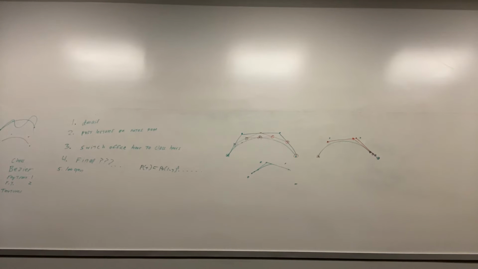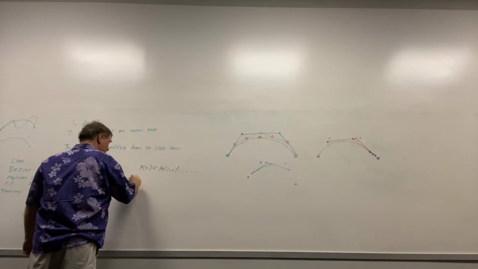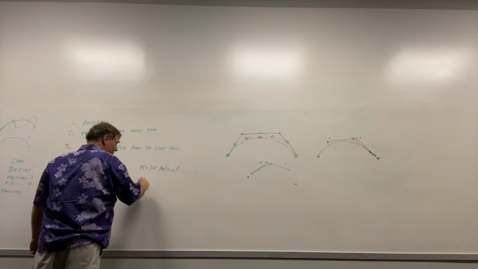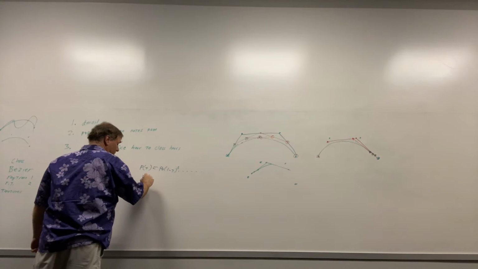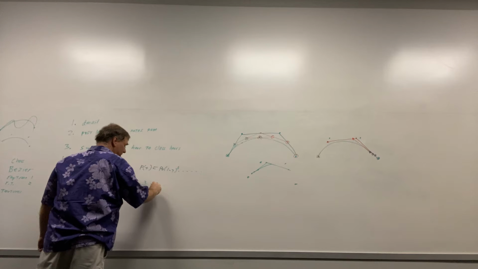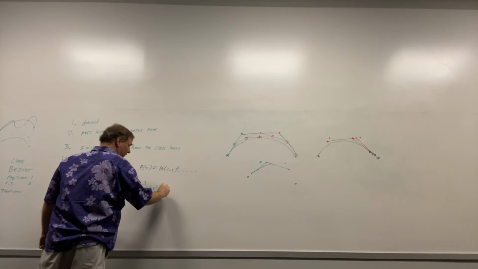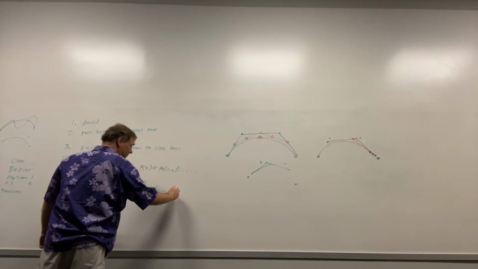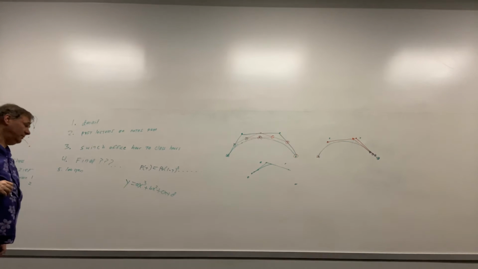Derivatives. You all know how to take the derivative of a regular y equals x cubed kind of function, ax cubed plus bx squared plus cx plus d, if you've had calculus.